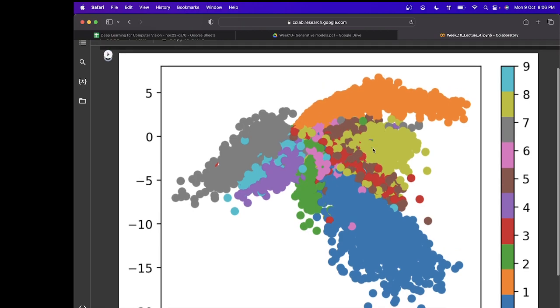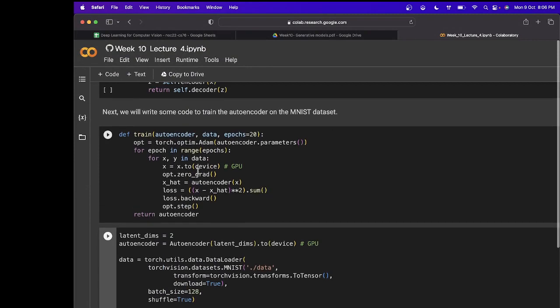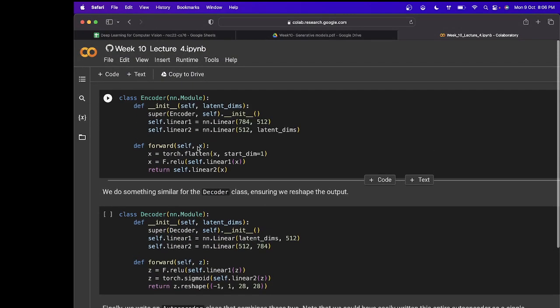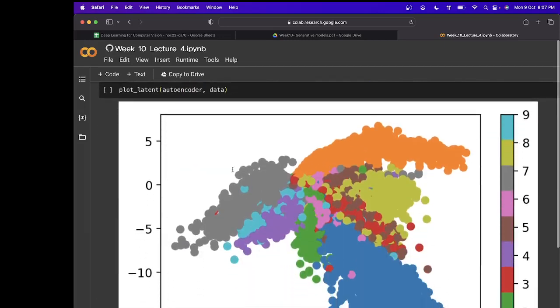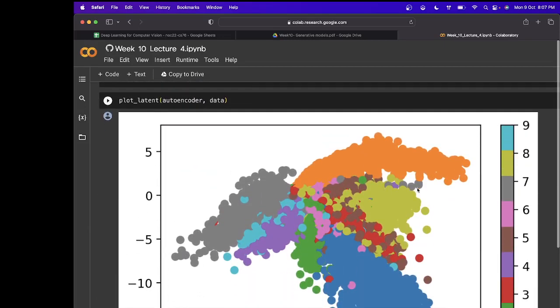So what they are trying to do is plot the Z that we obtained in the encoder part. So they are trying to plot that Z and see what it looks like.